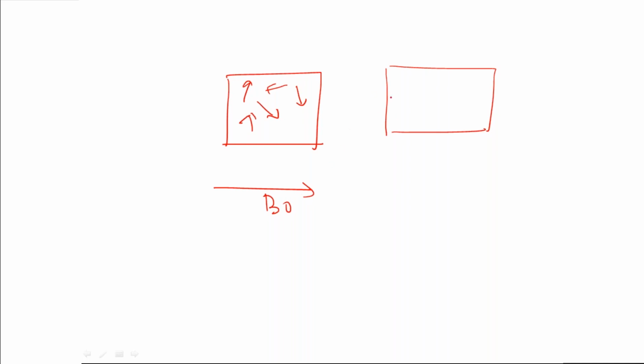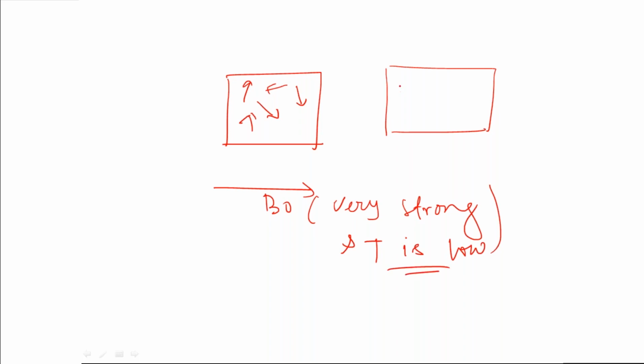Look what happens. We have seen that paramagnetic materials have randomly oriented magnetic dipole moments like this. When you apply a strong magnetic field B0 from outside, the dipole moments will try to orient in the direction of the field.